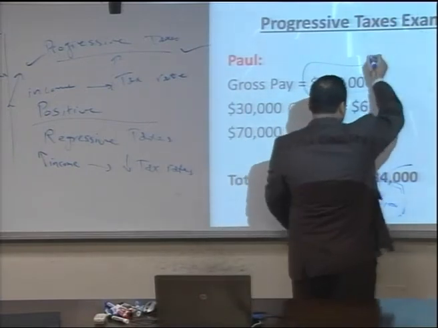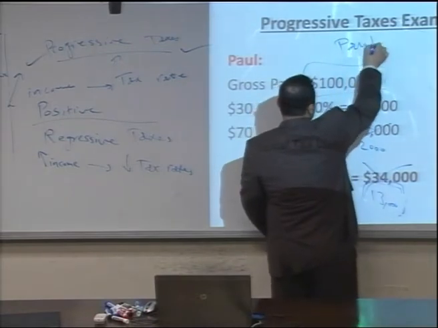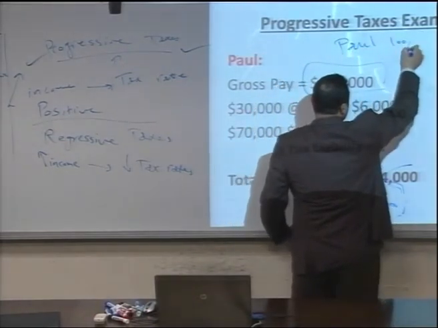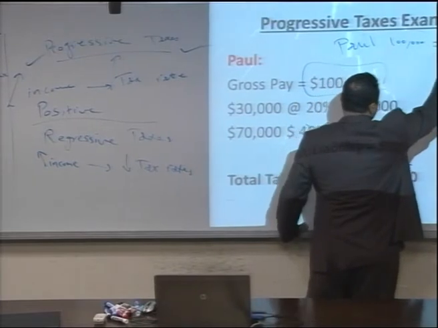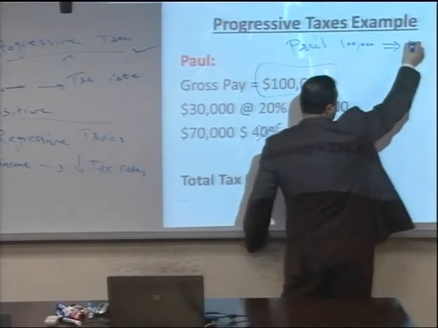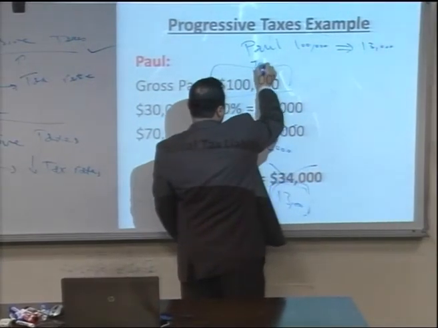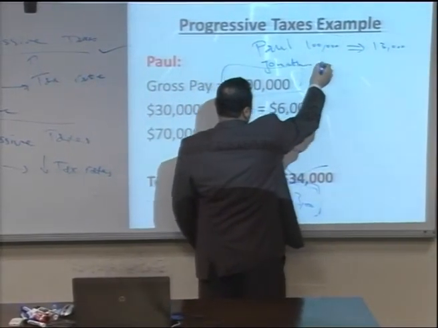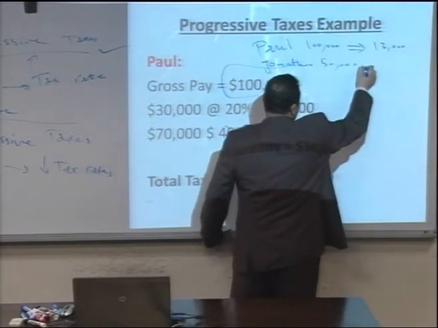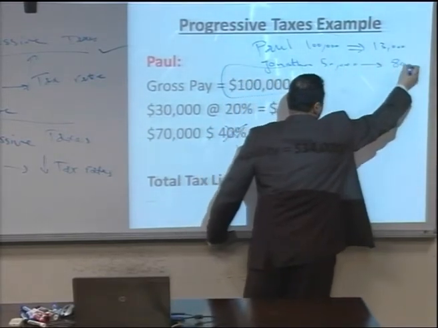So here Paul earns $100,000 and pays 13,000. And Jonathan earns 50,000 and pays how much? 8,000.